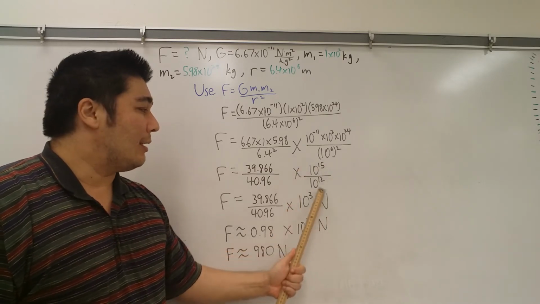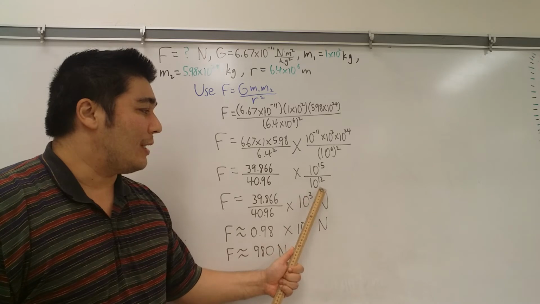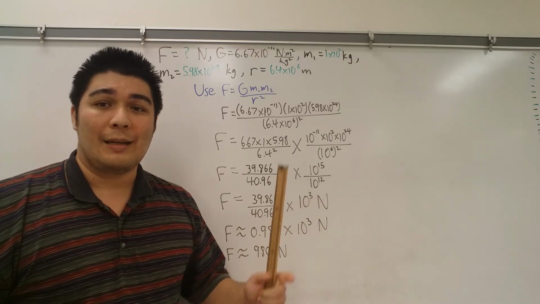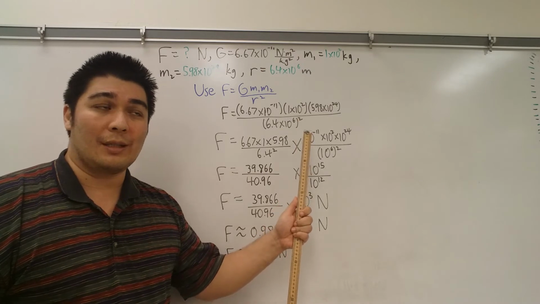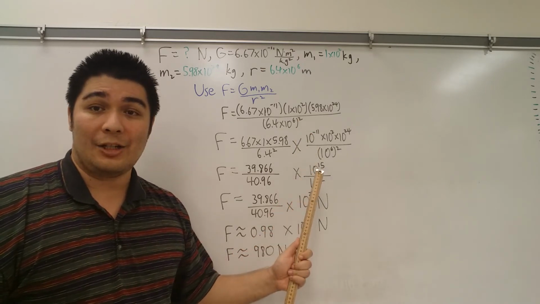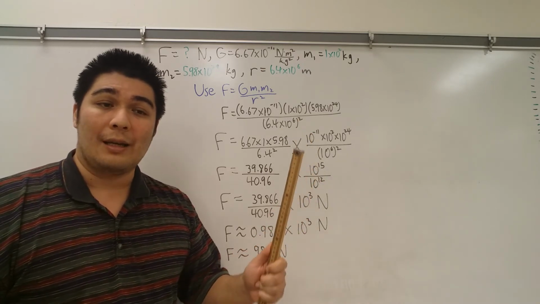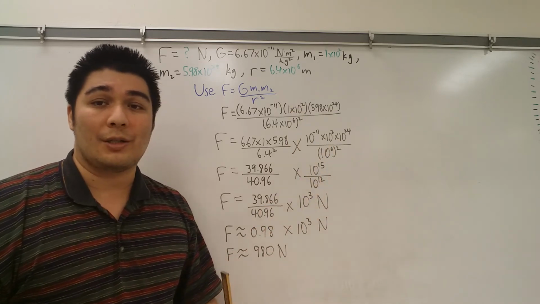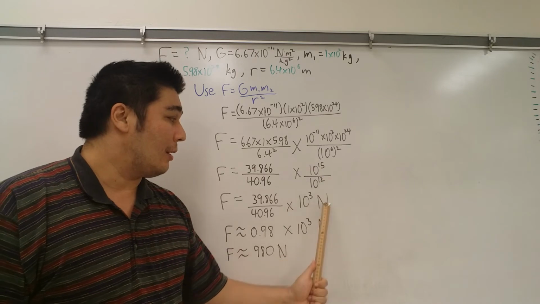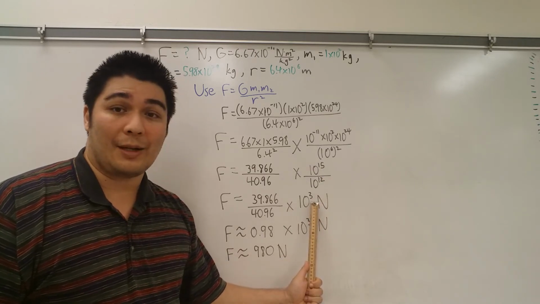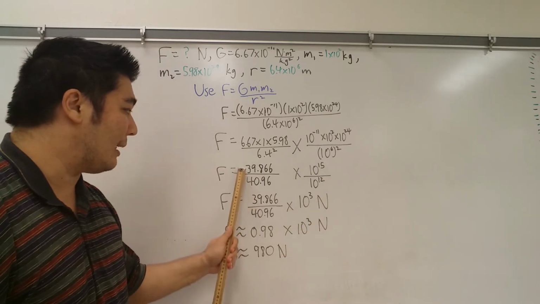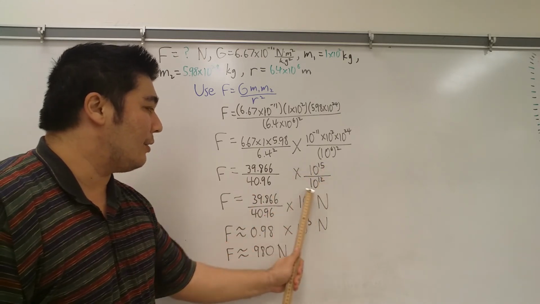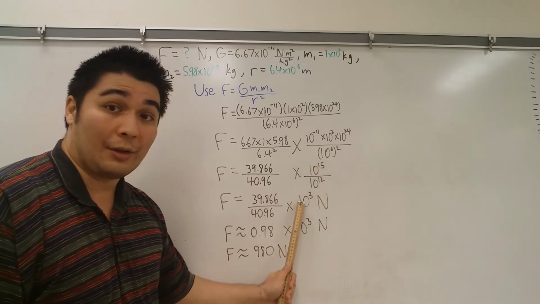So as I turn my attention to this side of the equation, I've got 10 to the 15th divided by 10 to the 12th, and by the laws of exponents, if the same bases are dividing each other, then you subtract the denominator's exponent from the numerator's exponent. So 15 minus 12 is 3, which is exactly what I get right over here. So again, I kept my fraction the same on the left, and then I did use the laws of exponents to get my 10 to the 3rd over here.